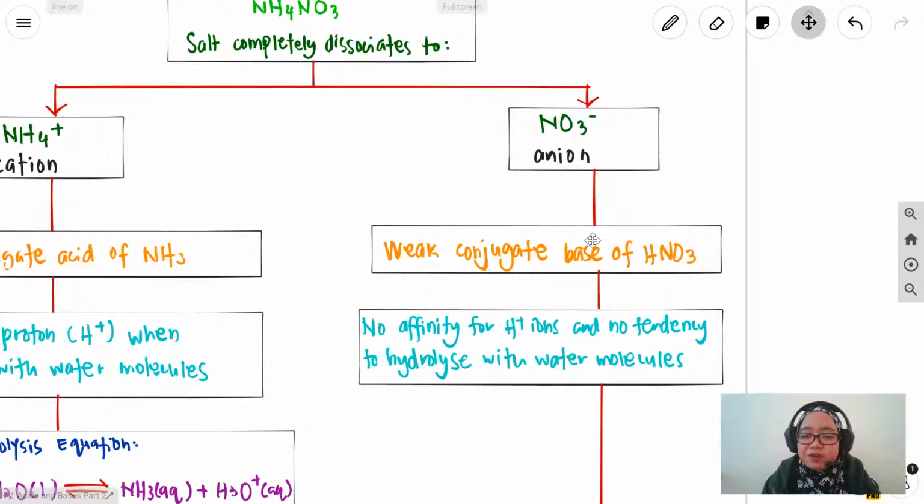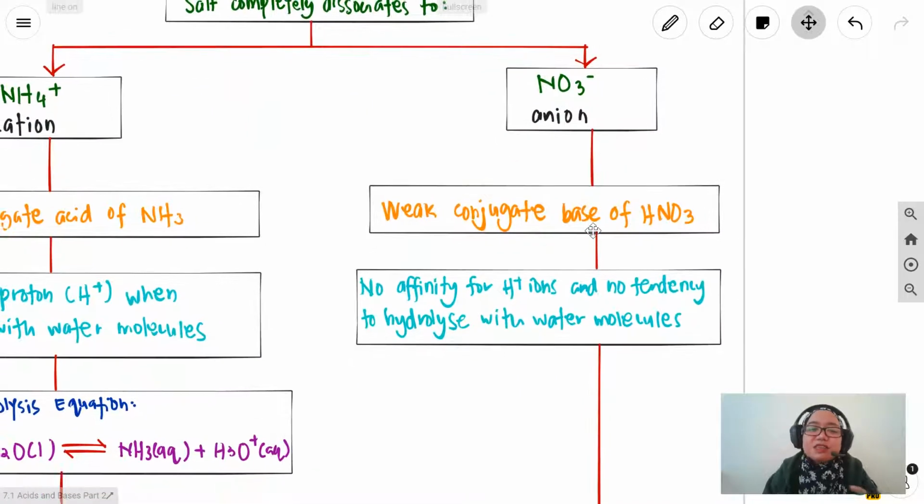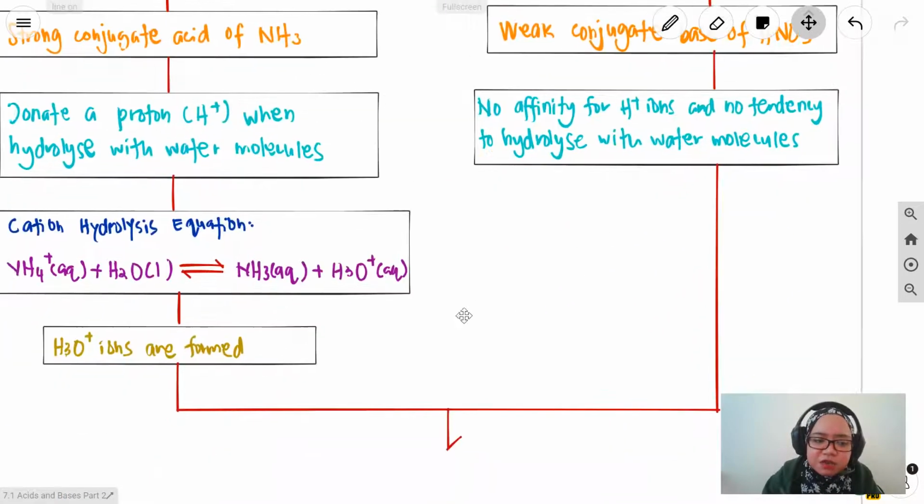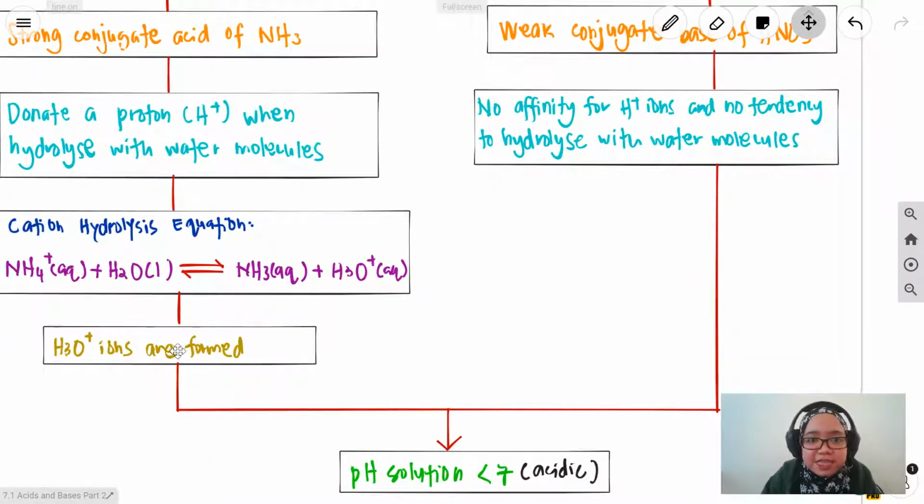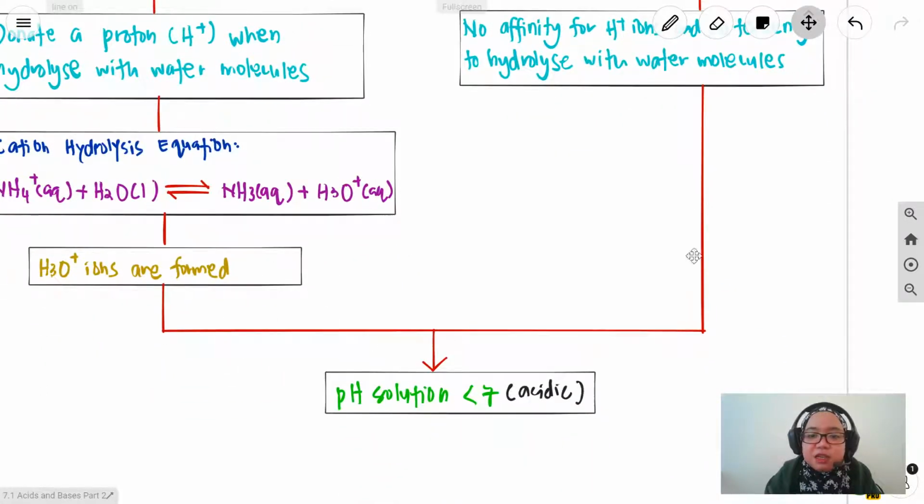Since it is a very weak conjugate base, it has no affinity for hydrogen ions and no tendency to hydrolyze with water molecules. So there is no reaction for the anion of this salt. Only the cation hydrolyzes with water to form hydronium ion. This hydronium ion contributes to the acidity of the solution, so it will make the pH of the solution less than 7. So this is acidic.